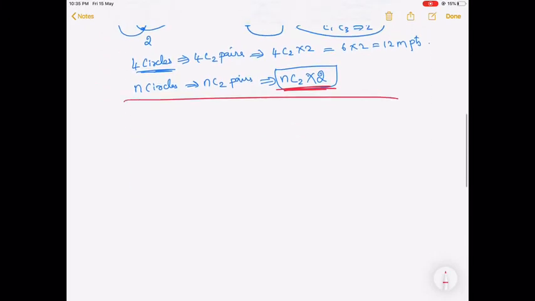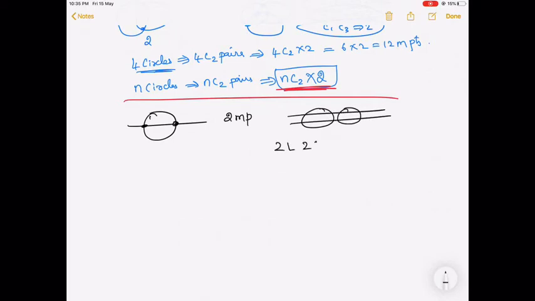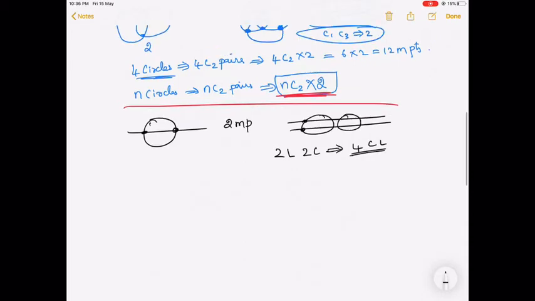Likewise, if I have a circle and line combination, let's say one circle and one line, I can see that there are two meeting points. So if I have two circles and two lines, they will give me 4 line-circle combinations, and for each line-circle combination I see that there are two meeting points.